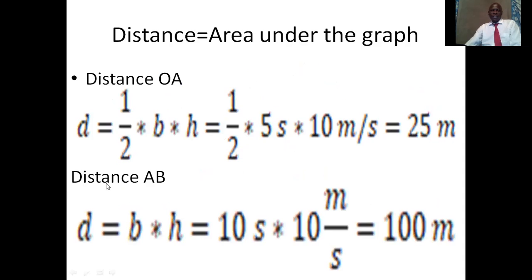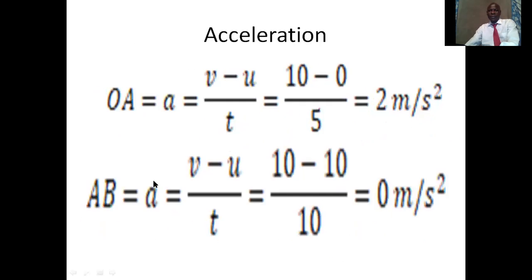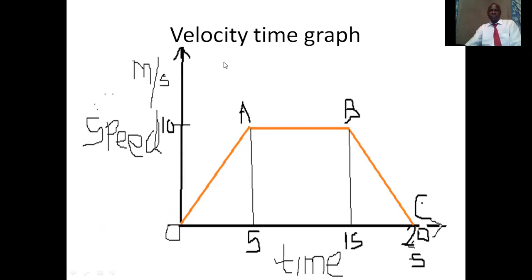Now we need to calculate the distance covered between A and B. We have to get the area under the curve, and in this case we have a rectangle. All we need to do is get this distance from 15 to 5, which is 15 minus 5, which is 10. And the height, from here to there, is also 10.